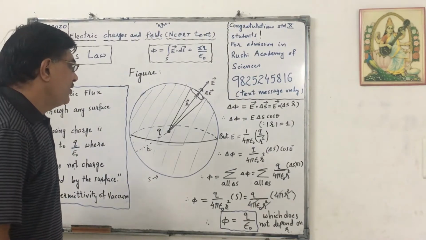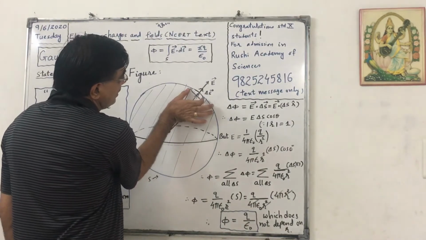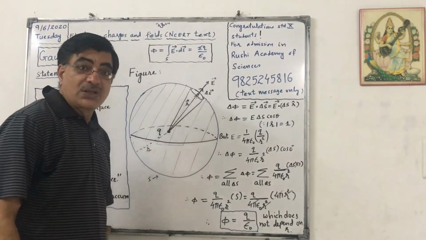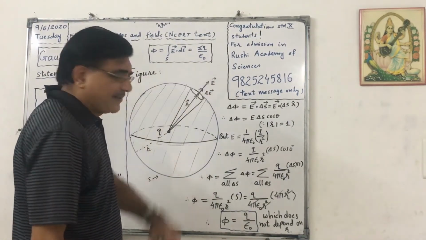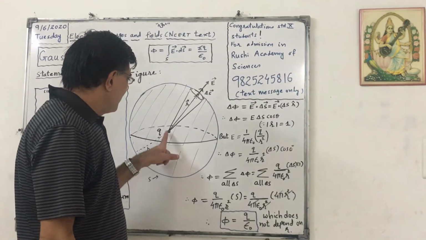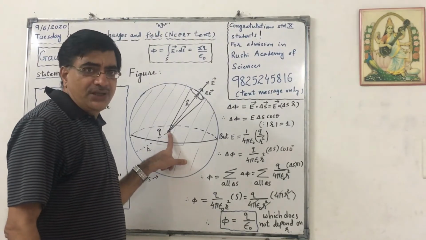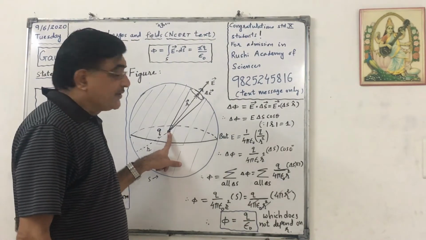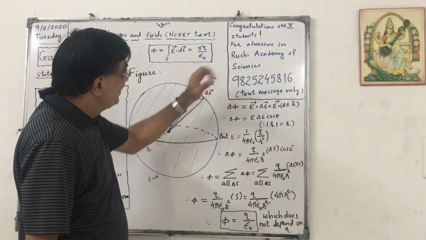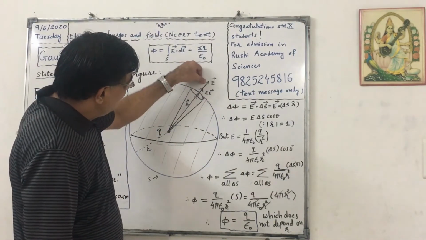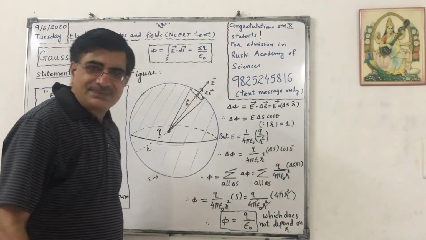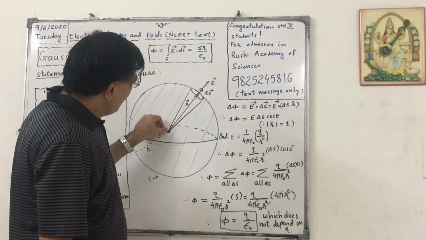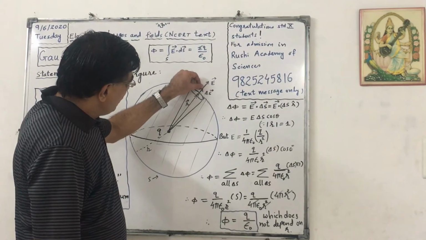Now first of all, consider a small surface element having surface area delta vector S. Now we know that this charge, if it is positive, its electric field will be in this direction. So I have drawn here the electric field by Q at this point.